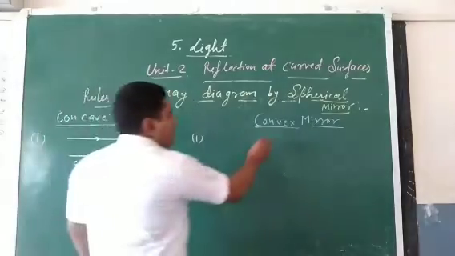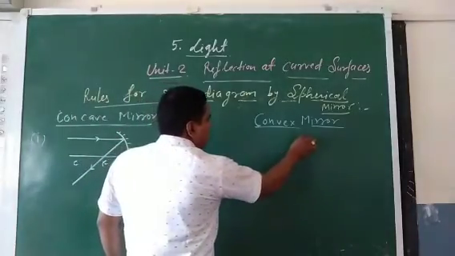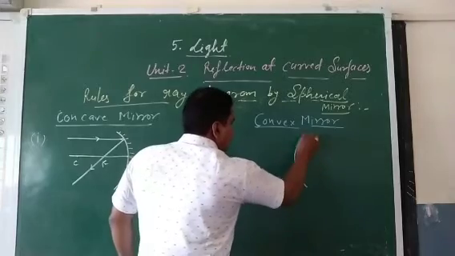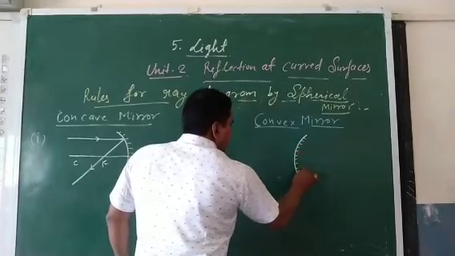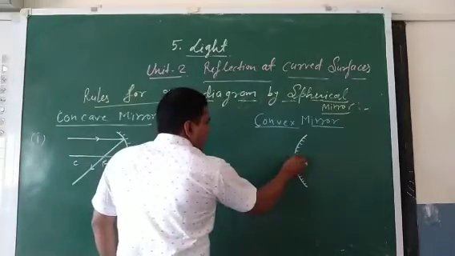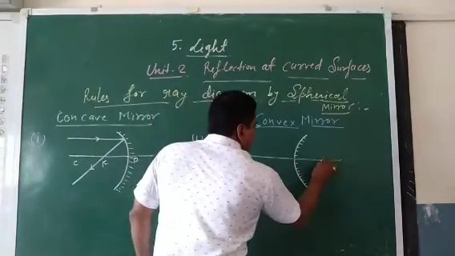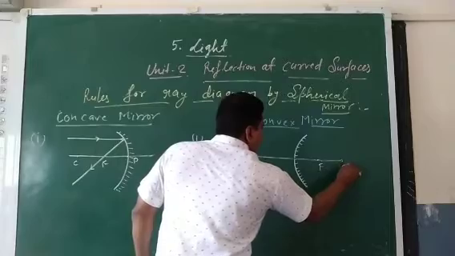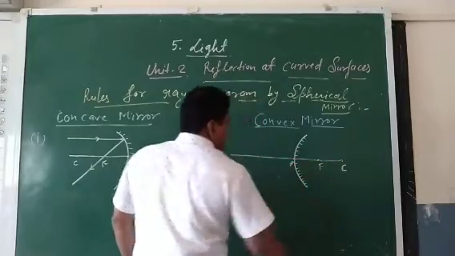Here, in case of a convex mirror, the inner surface is polished and the outer surface is reflecting. What will happen? Here is the focus, here the center of curvature and pole.